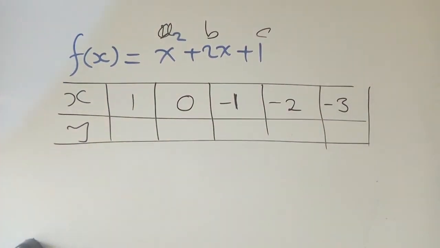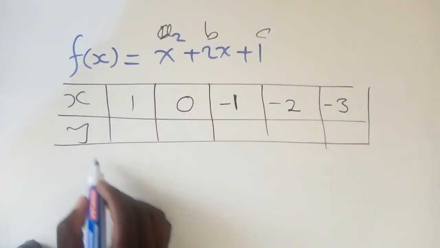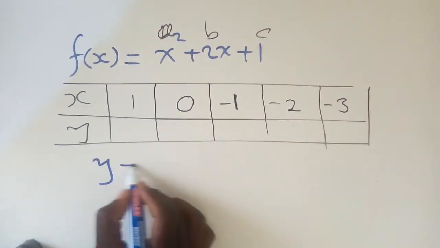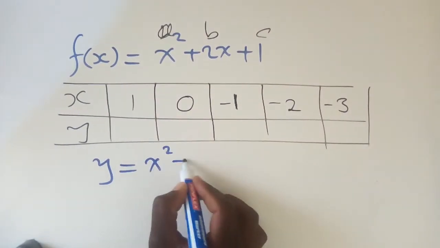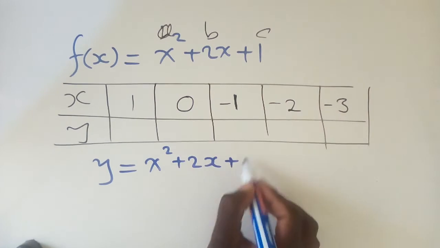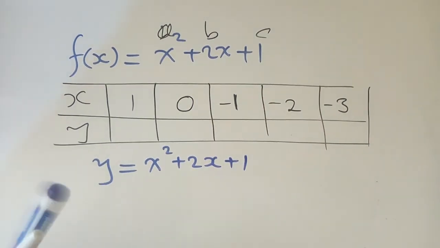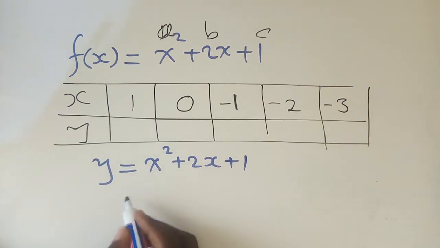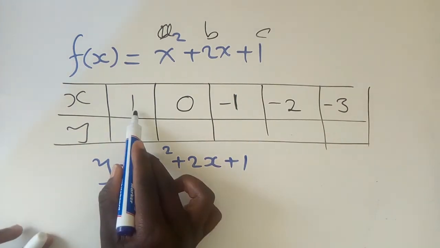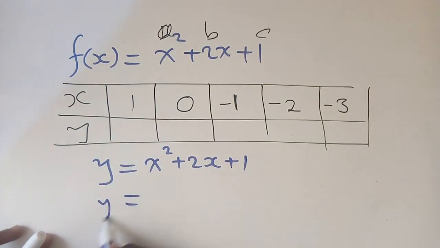How do we calculate the y values? Where we're able to see f of x, we put y is equal to x squared plus 2x plus 1. So we have it as a quadratic equation and we can solve for y. Let's say x is equal to 1. What is y?